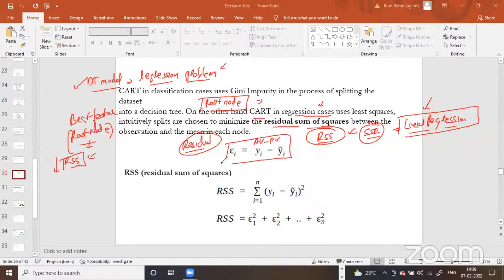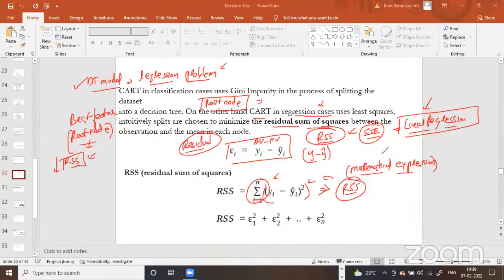This is the formula for error. Y minus y hat. Now take the square of your error and then take the summation of your error. You are going to get your error sum of squares or residual sum of squares. This is the mathematical expression which can be used to represent your residual sum of squares for your data. So we are going to use this. Whichever feature is going to reduce, minimize this by maximum extent, that feature is going to be our root node. That is the concept.